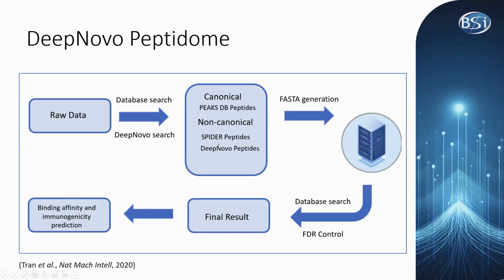And also we append the DeepNovo peptides to the FASTA file and perform a second round database search in order to have our de novo peptides controlled for by FDR. We then have a final result list of DB, homologs, and DeepNovo peptides, and these can be directly exported for performing binding affinity or immunogenicity predictions in other software.